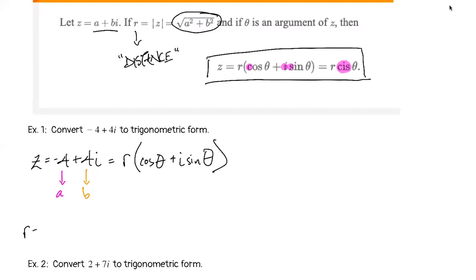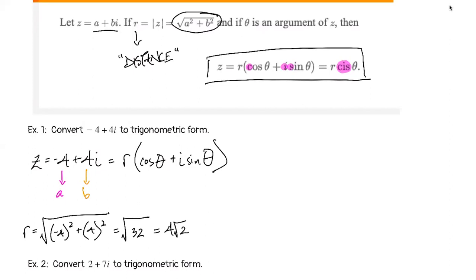First, I'm going to find my r using the distance equation. So r equals the square root of -4 squared plus 4 squared, which gives me the square root of 16 plus 16, or 32. Okay. And that is the same as 4 root 2.